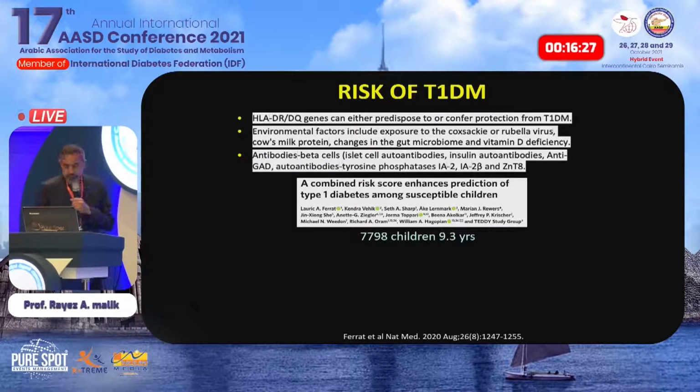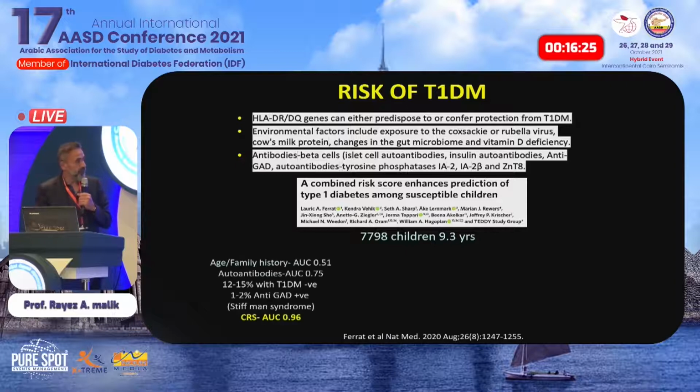Traditionally, of course, we think about the age of the patient and a positive family history. So if you have a sibling that has type 1 diabetes, you are at increased risk of diabetes. But actually, if you look at the predictive ability, the area under the curve, it's not really that great. So family history, whilst important, is not really that predictive.